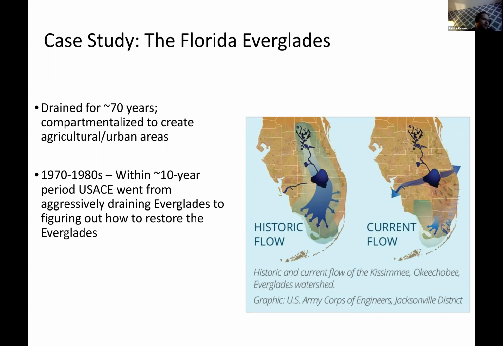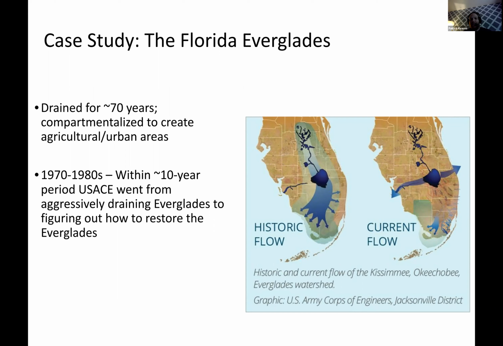But one of the interesting things is that in the 70s and 80s, the United States Coastal Area Protection Act went into place. And they essentially went from aggressively draining the Everglades to figuring out how to restore the Everglades, because changing the flow of the Everglades was bad not just because people can't go there for tourism, it was greatly affecting the economy of Florida.